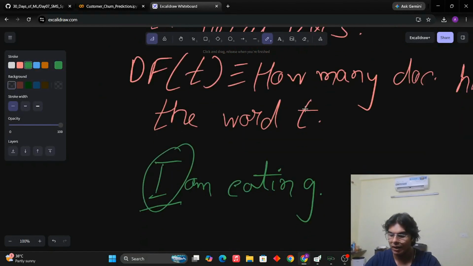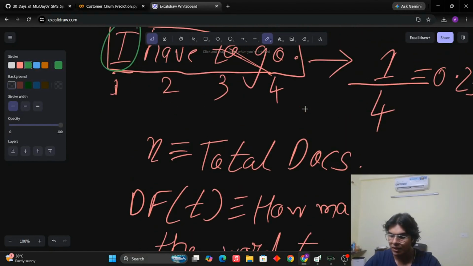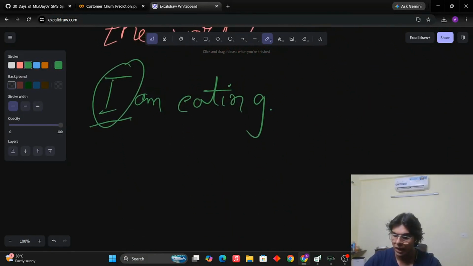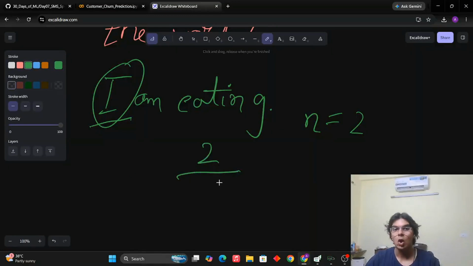So how do we calculate its IDF value? Very simple. We just plug in the values of the formula. In our case right now, N is equal to 2 because N is the total documents, which means the total sentences. Right now, we only have two sentences. So we take 2 and we divide it by the document frequency of the token, which means the number of documents where I is occurring.